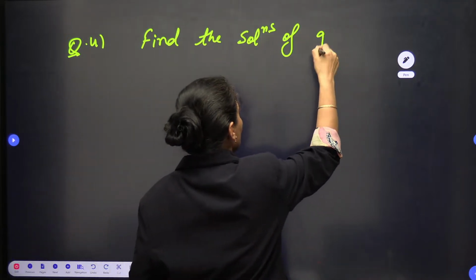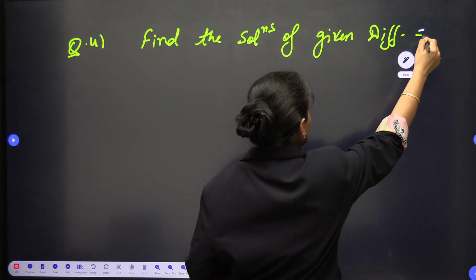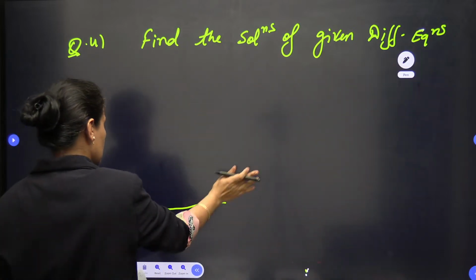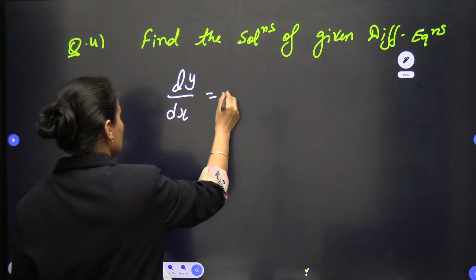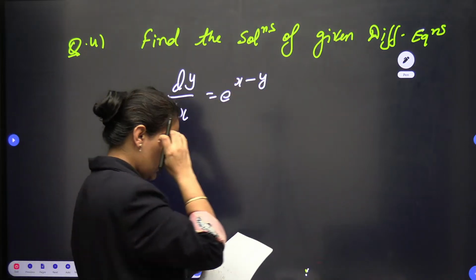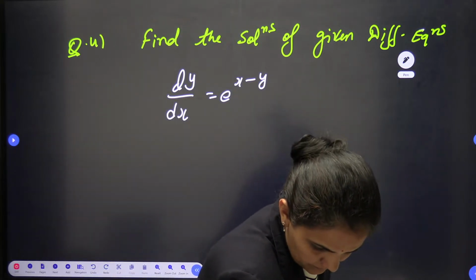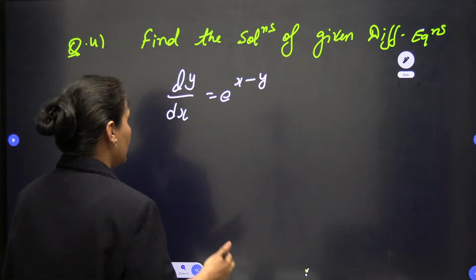Find the solution of given differential equations, which is dy by dx equals to e to the power x minus y. You guys can confirm whether this was the question or not. Okay, dy by dx equals to e power x minus y.